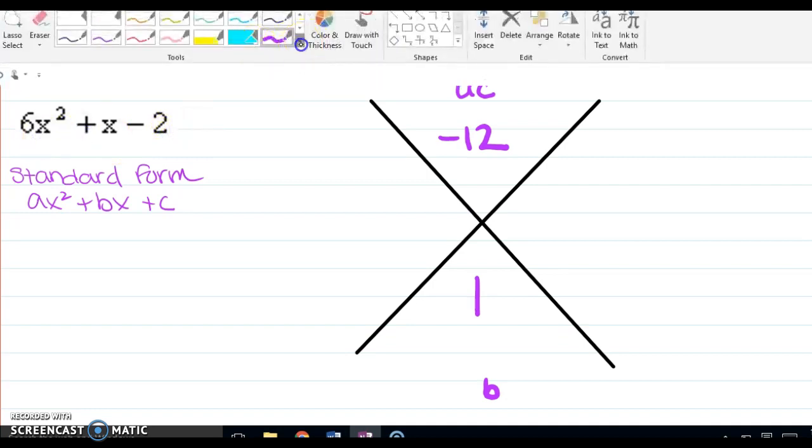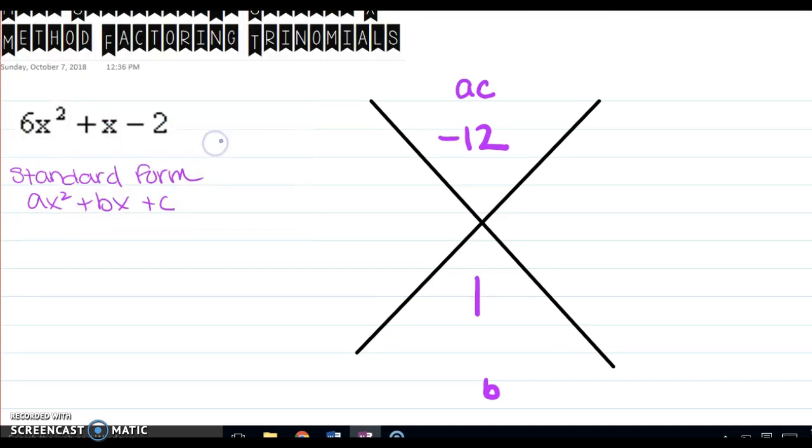Our goal is to find numbers that multiply to AC but add to B. This is negative, but we'll worry about that later. First, you're gonna have to find numbers that multiply to 12 or -12, and out of that list, choose the set that adds to 1.